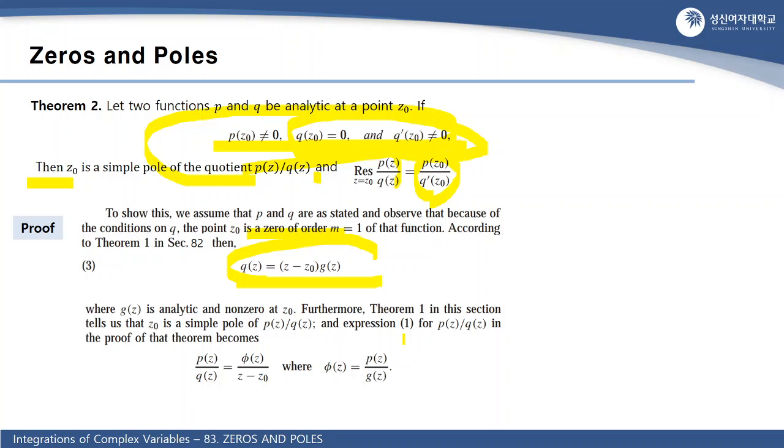And with the expression for the function P of z divided by Q of z, the proof of that theorem becomes this, because Q of z is replaced by this, and pi of z divided by z minus z naught, where pi of z is defined by P of z divided by g of z.